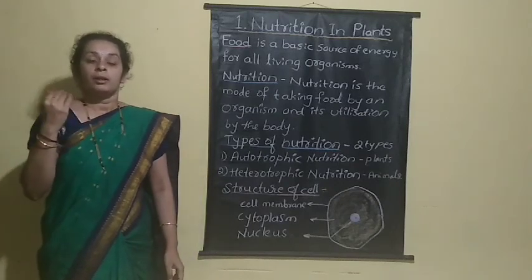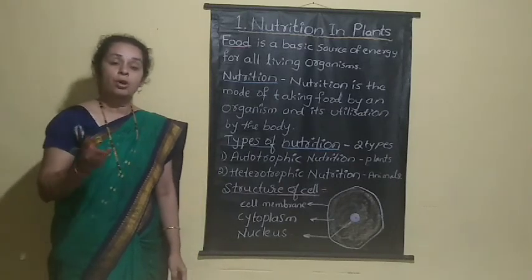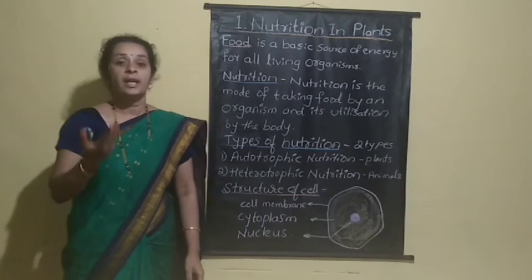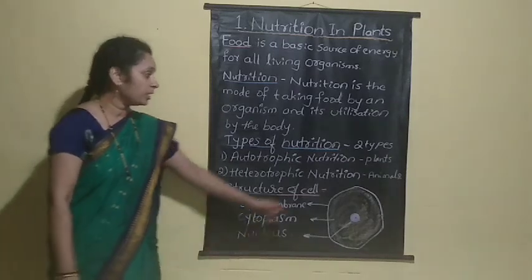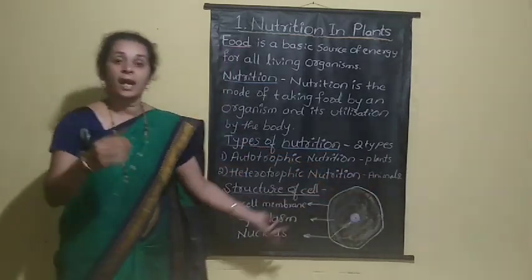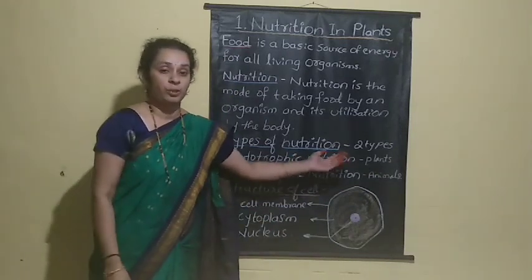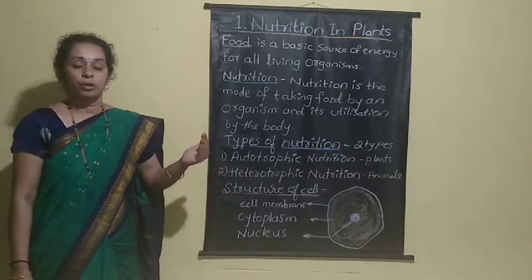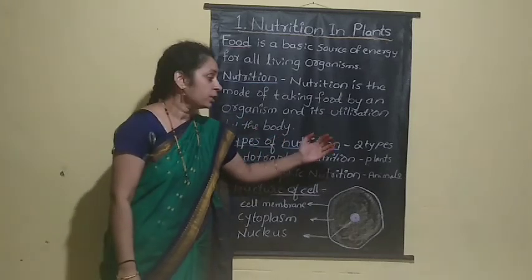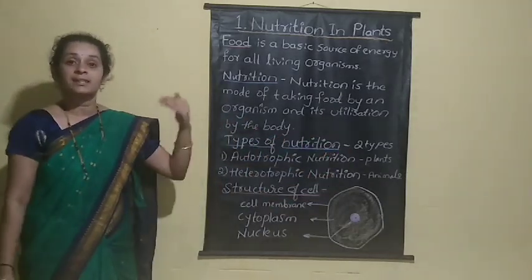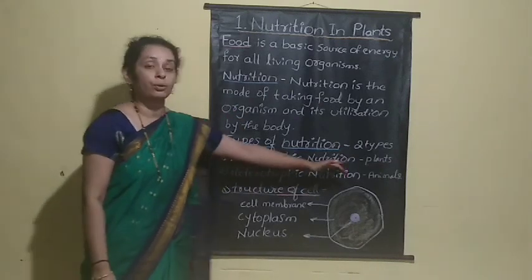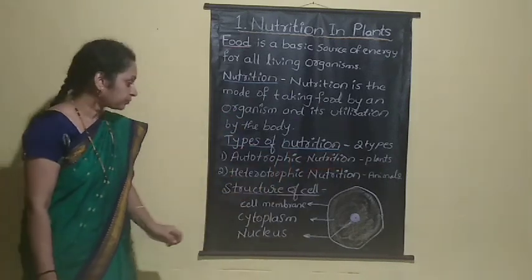They may get food from a plant source or from an animal source. Examples are animals and human beings. Not plants; plants are the examples for autotrophic nutrition.